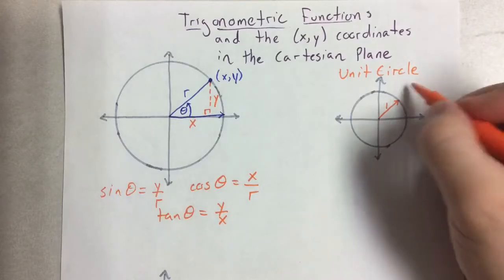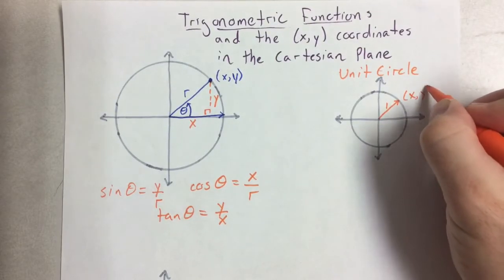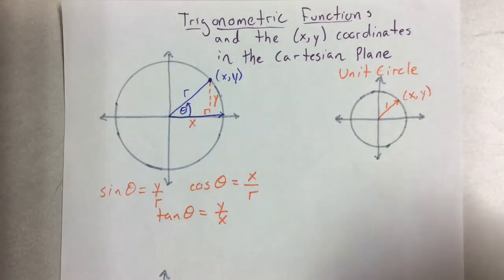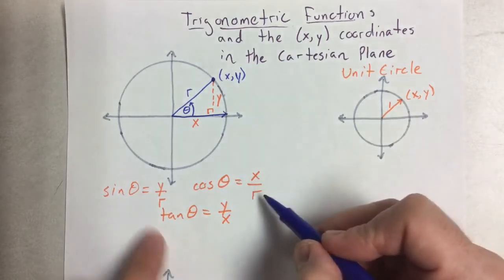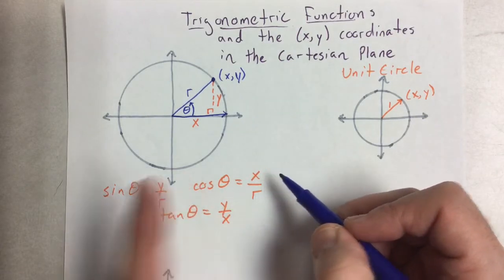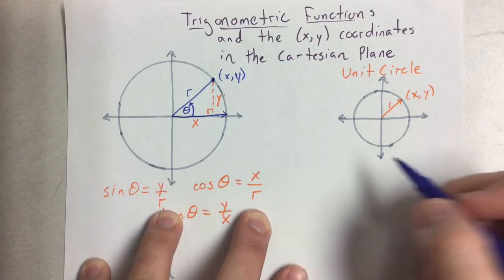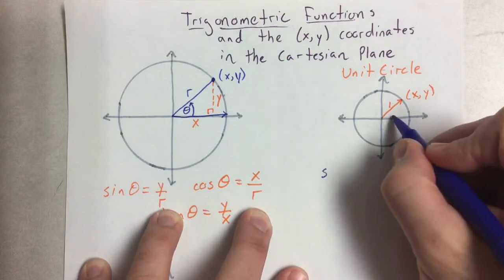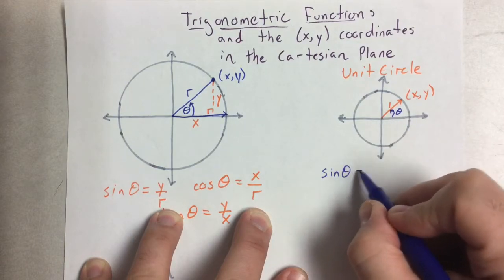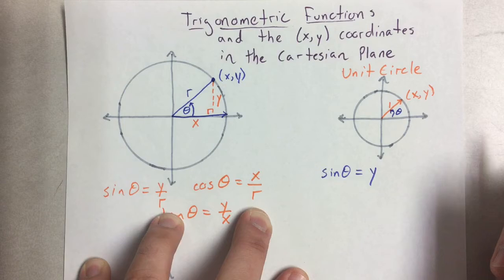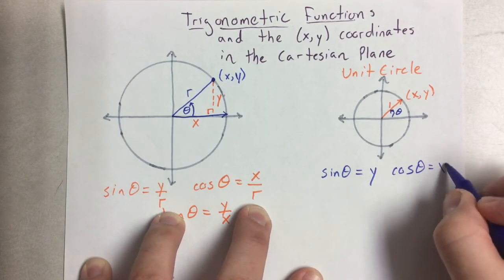So how do our trig ratios change if our radius is 1? Well, just looking at these, wherever we see a radius, it's just 1. So what's interesting, and we're going to be looking at this more later on, is that sine of theta is essentially just y, and cosine of theta is essentially just x.